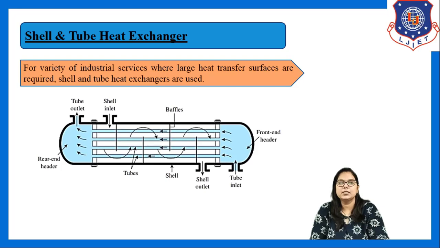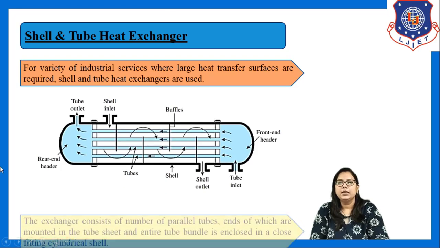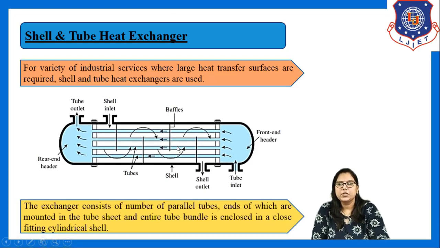You can see this is the sketch of a shell and tube heat exchanger. These are the tubes. This is the main cylindrical vessel, which is known as the shell. In this there are the tubes. These are the baffles. The fluid which passes through the tube is known as the tube side fluid, and this is the inlet of the tube side fluid.